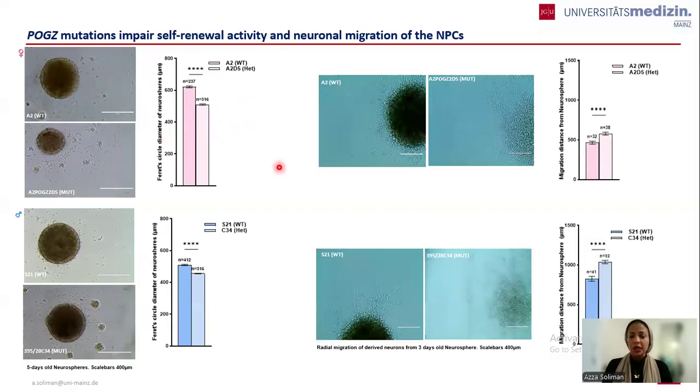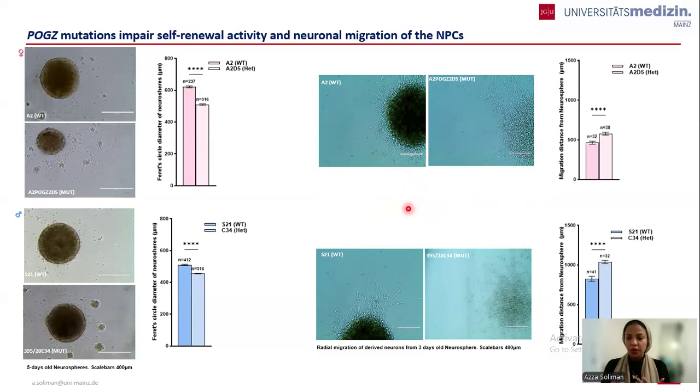What we did next is also try to study the migration, which is a really important process during the maturation and differentiation of the neurons, as they start to migrate to the upper layer. But we wanted to investigate this in 2D culture. So in that case, we plated the neurospheres in a plate, an adherent environment, and we induced the neuron differentiation.